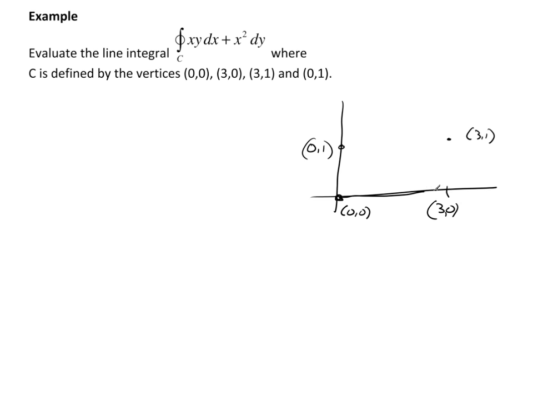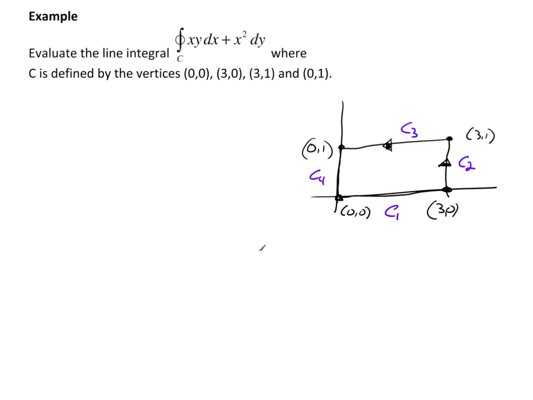So it looks like I'm dealing with this rectangular region. And of course I have positive orientation, so I know I'm heading in this direction like this. Okay, I need to label this, so I'm going to call this C1, this C2, this C3, and this C4.